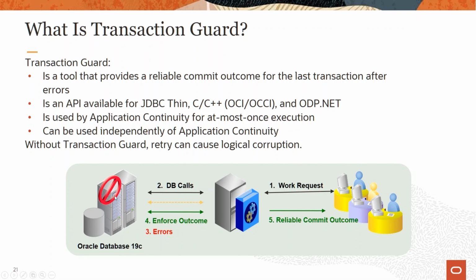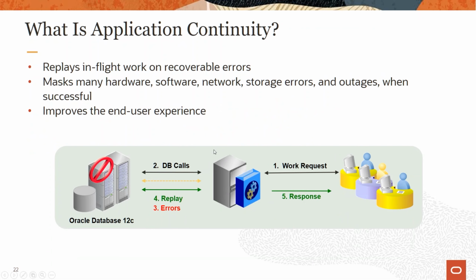Let's say the transaction was complete, but the commit complete message never returned. So we have no idea whether my transaction has been committed or not in case of a database communication issue, like an instance failure. In that case, we can use the Transaction Guard API to retrieve the last transaction commit status.